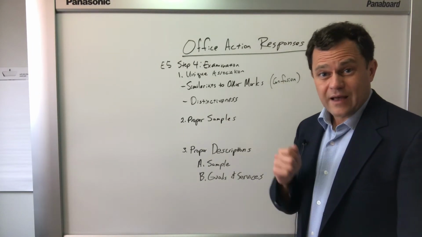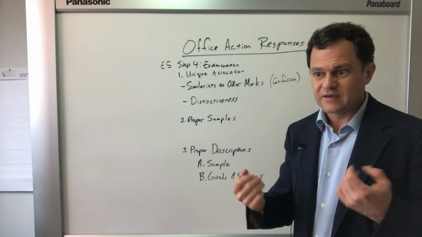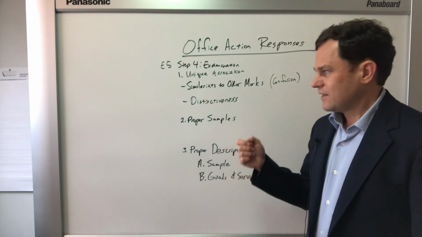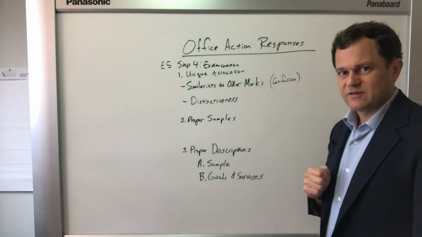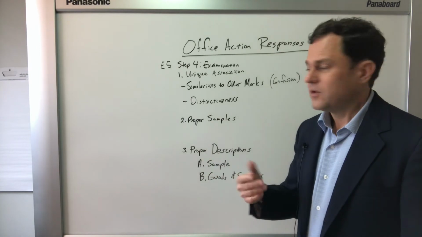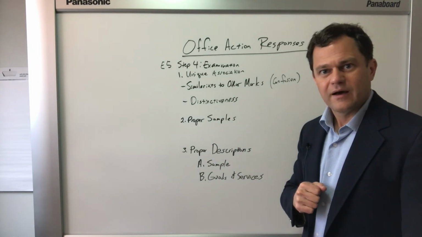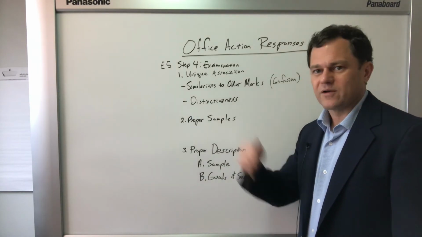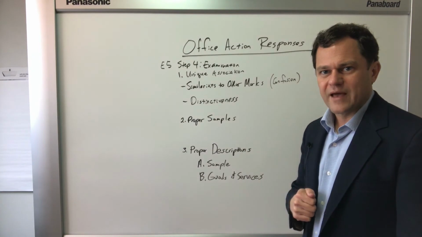However, because of lots of advertising and promotion, that name, the Ballpark in Arlington, acquired distinctiveness, and the people I know who obtained the registration for that trademark were able to show acquired distinctiveness through a market survey. So that's just one example.